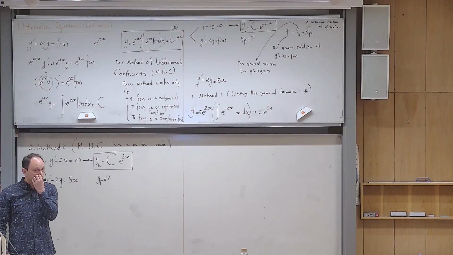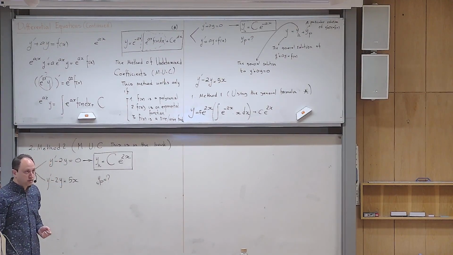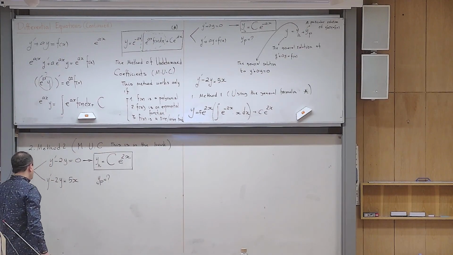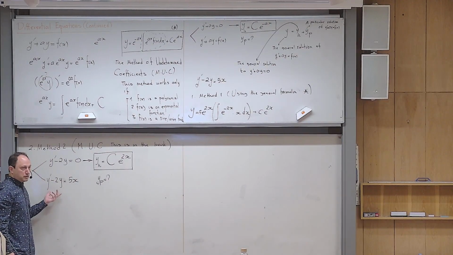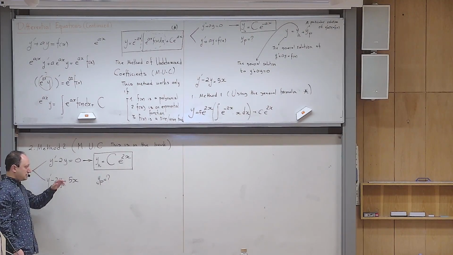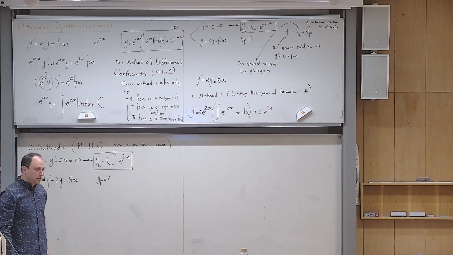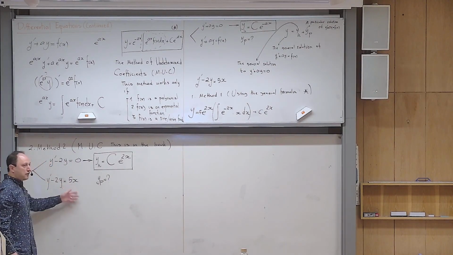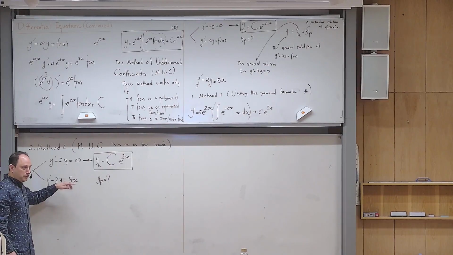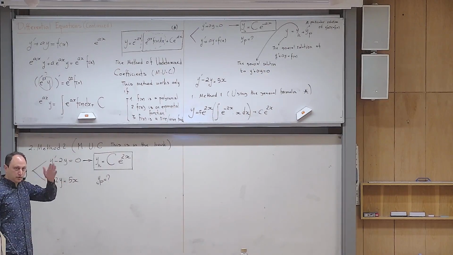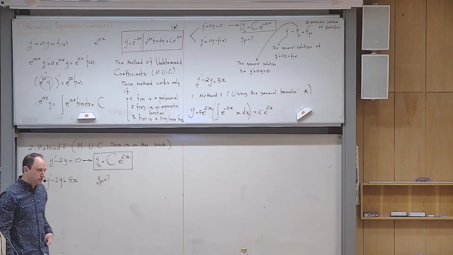So thinking about sine and cosine functions is useless. Is it good to think about logarithmic functions? No, because the derivative of ln of x is 1 over x. It will not be 5 times x, because in 5x you have x in the numerator, but in 1 over x, the x is in the denominator.